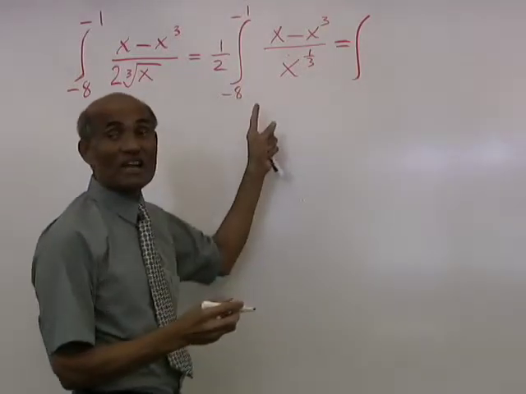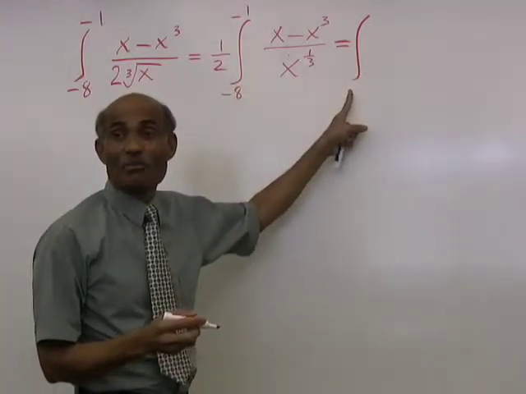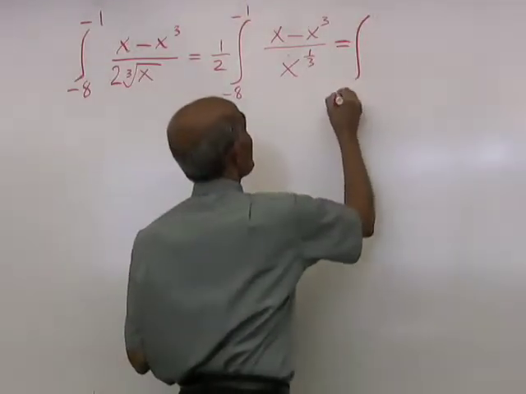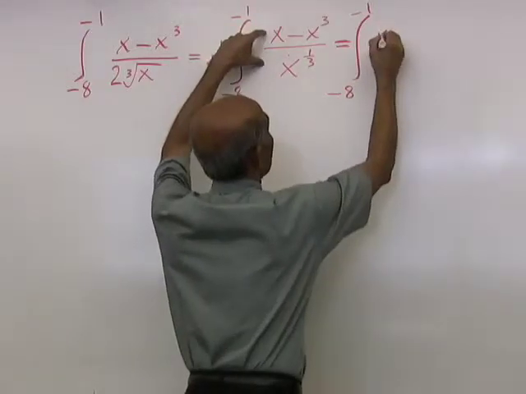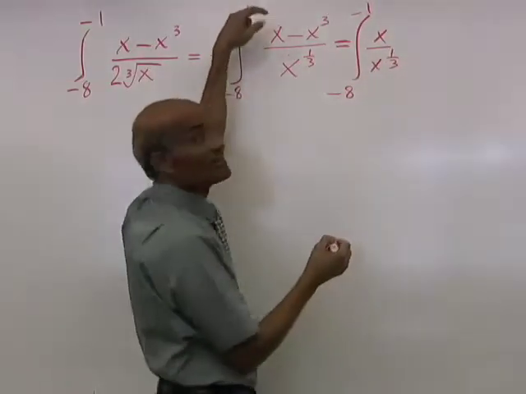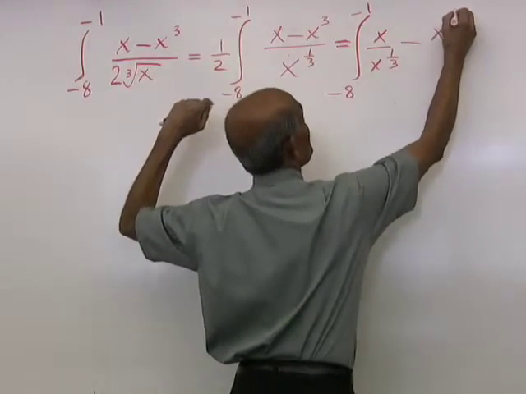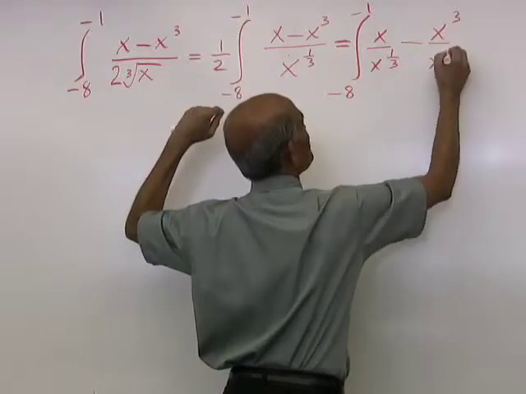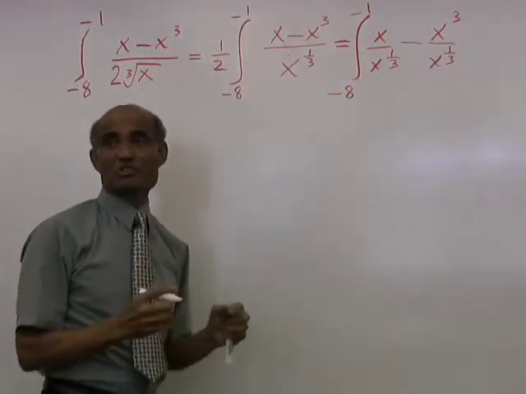Now you should see that we haven't integrated yet, so we need to continue using the operation sign. Integral -8 to -1. This will be x over x to the power of 1/3. Is that right? Minus x cubed over x to the power of 1/3. We split into 2 terms.